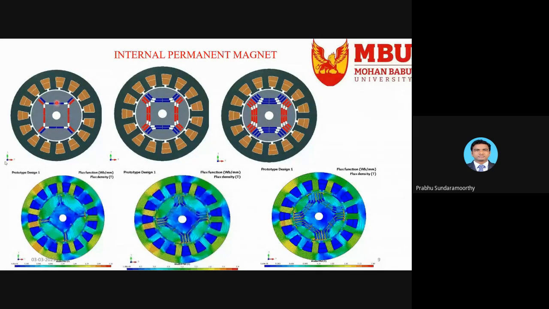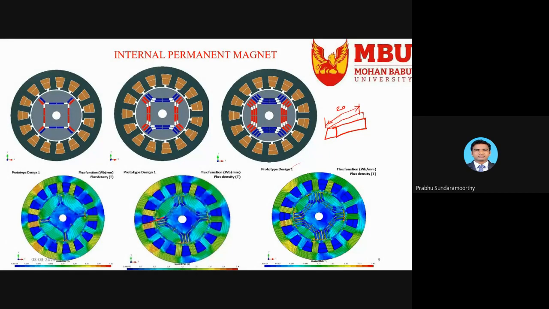So if you see a prototype model also, if you are using a magnet for a greater stack length, suppose the stack length is 20, we cannot offer this 20 stack length as a single piece.